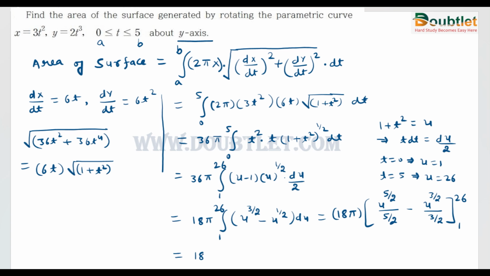So this is 18 pi, this will become 2/5 times (26 to the power 5/2 minus 1), minus 2/3 times (26 to the power 3/2 minus 1).